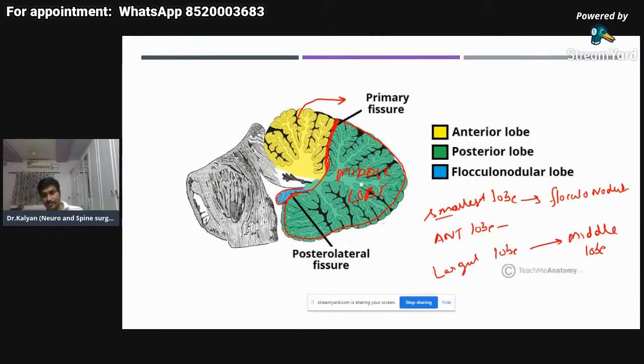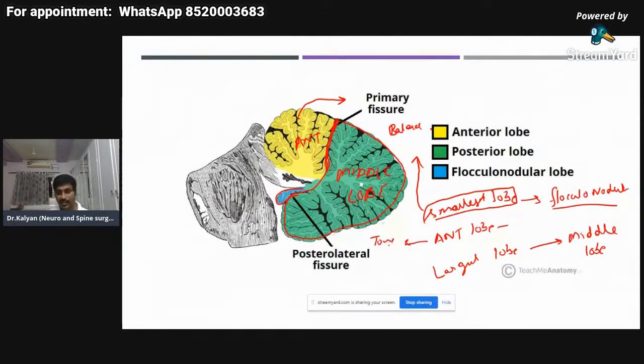So let's come back over here. The smallest lobe, from the picture, is the flocculonodular lobe, and its function is balance. The anterior lobe, which is of middle size, has the function of tone and posture.